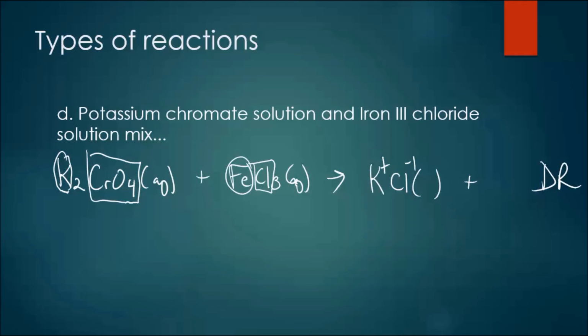And what's the next couple? Is this correct? What's the charge on iron? It could be 2 or 3, so we're going to have to look here. If it took 3 chlorides to bond with iron, what must iron have been?